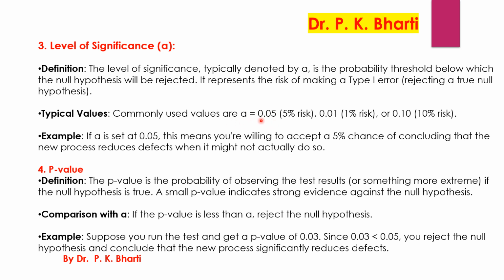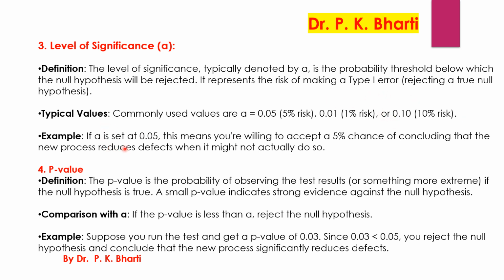If we take alpha as 0.05, it means there is a 5% risk of rejecting a true null hypothesis, means 5% chances of error are there.